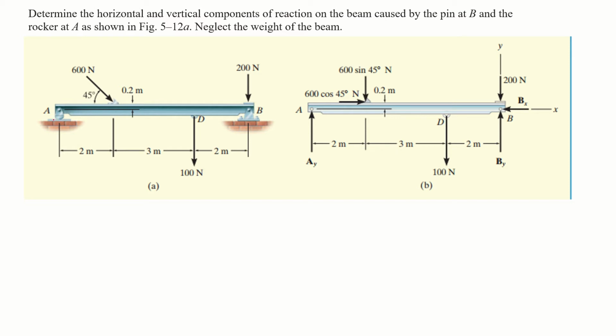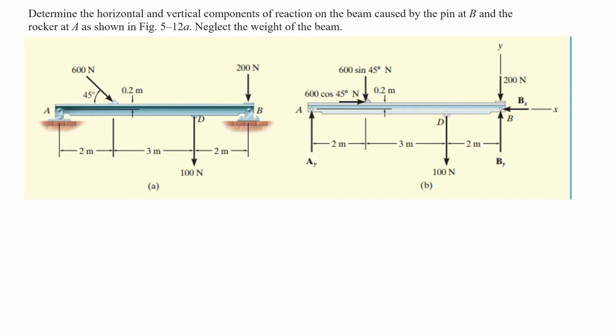You can see it's a roller beneath it. It is then telling you to neglect the weight of the beam. So this is our problem, in which a force of 600 Newton is acting at this point at a 45-degree angle.